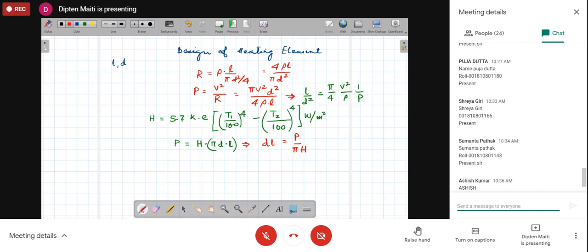So you would have D cube, and once you have D cube you can calculate D, and from that by using any one of the relationships you would be able to find the value of the length. So this way you can calculate the length and diameter required for the resistive element.